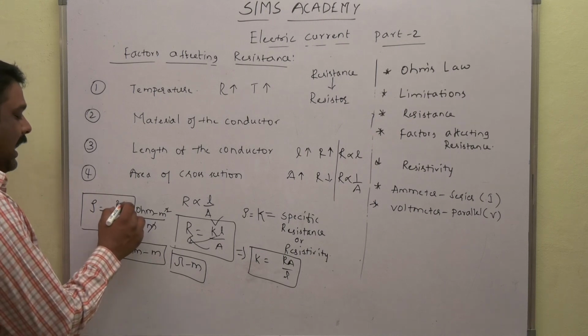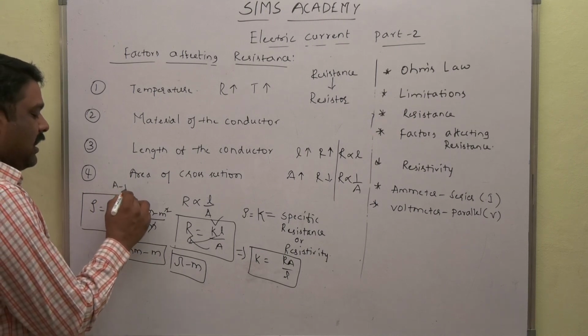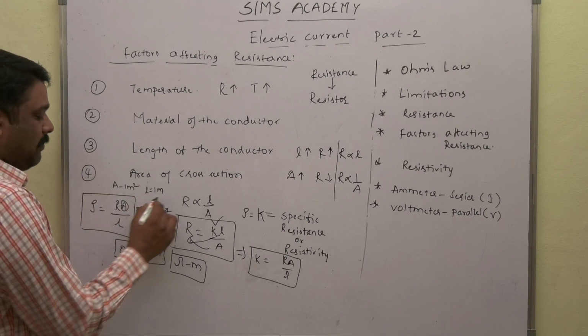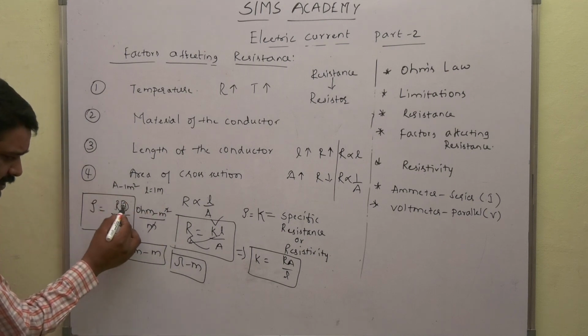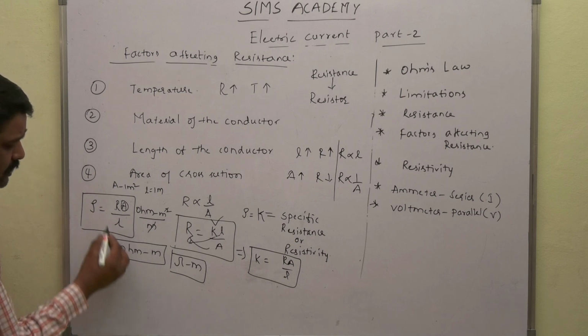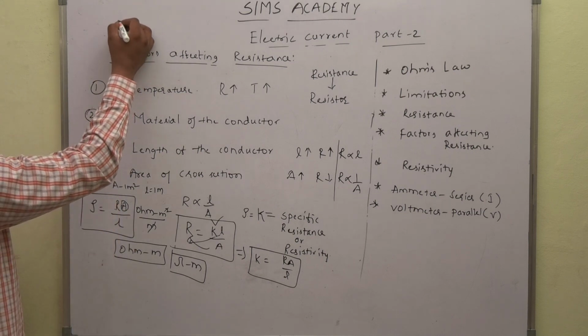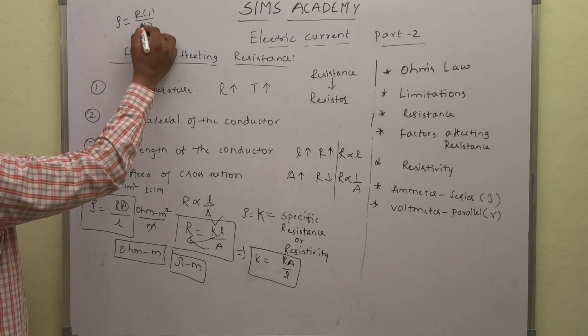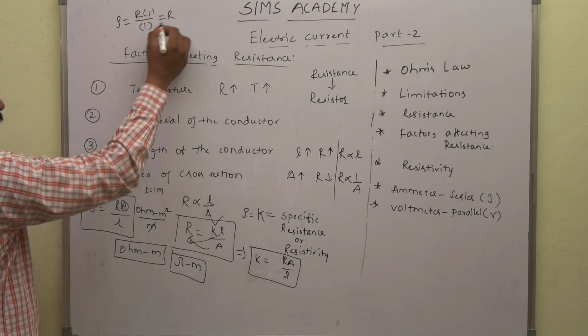Here, now I consider area as 1 meter square and length as 1 meter. In the formula rho equals R into A by L, I have taken A as 1 and L as 1. Then what do I get?